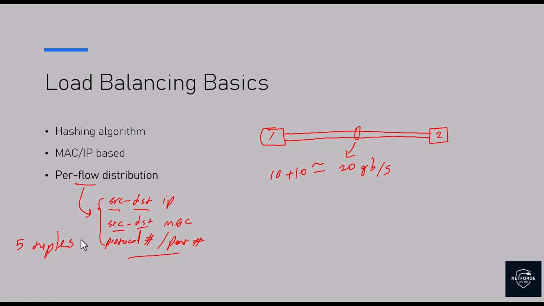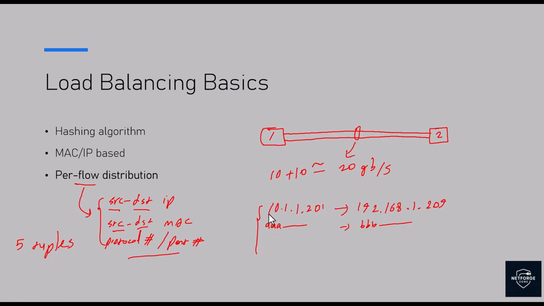Every packet that has the same 5-tuple is going to be put into one flow. So let's say, for example, I have a packet from 10.1.1.201 to, let's say, 192.168.1.209. This is the source, this is the destination. The source MAC address is, for example, A, and the destination MAC address is B, whatever.